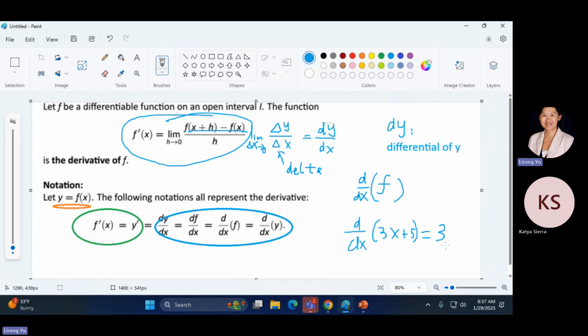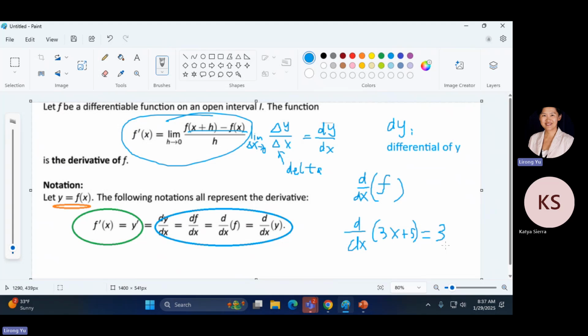And each of these notations has its historical reason. Most of the time we use f prime of x, but in the future, occasionally the dy dx will pop up because differential itself, the dy dx or dt or du, d whatever variable, eventually will be part of the calculation for integral.